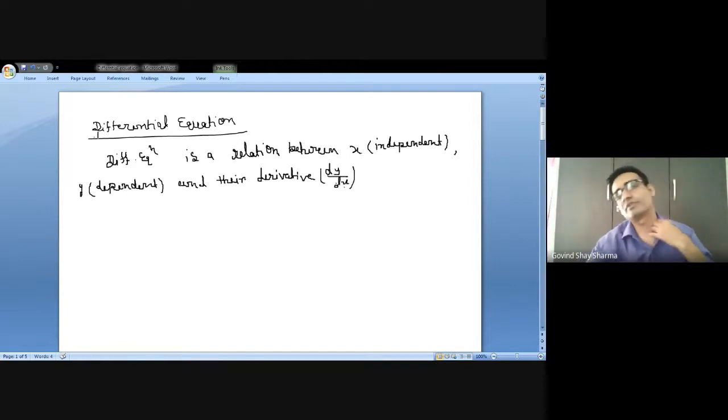As seen, we can use dx upon dy also. This is also a differential equation. Okay. Now, our interest is to solve the differential equation.